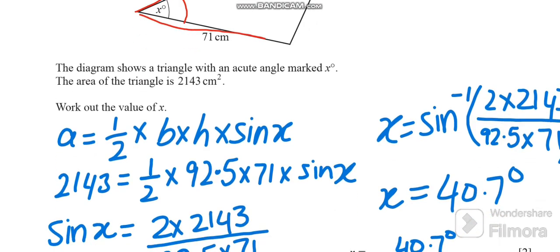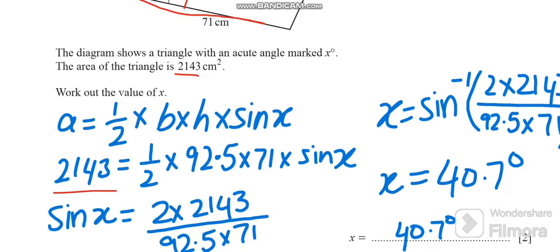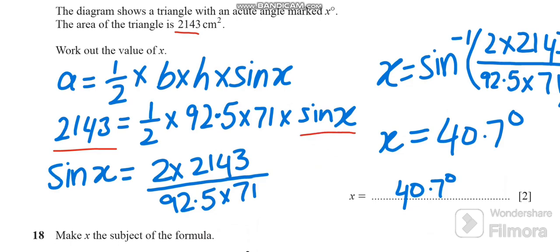So we have the area, 2143, on the left side, and on the right side we have input the values: 1 over 2 multiplied by 92.5 multiplied by 71, multiplied by sine x. So we have kept sine x on its own, which is equal to 2 multiplied by 2143 divided by 92.5 multiplied by 71.